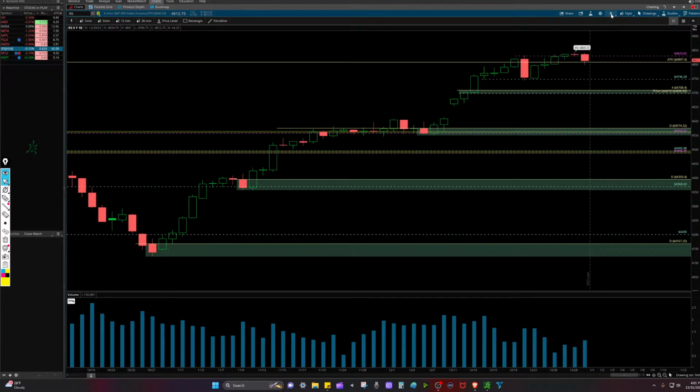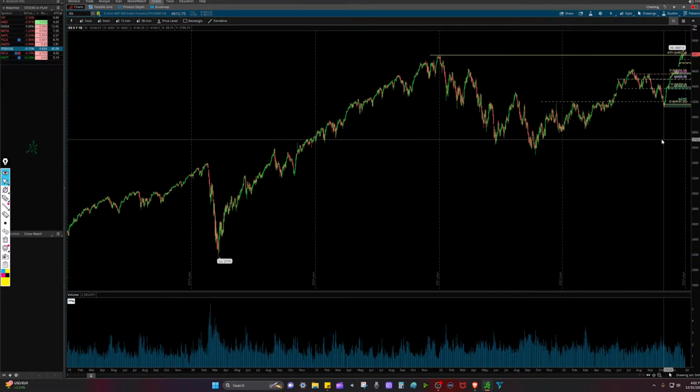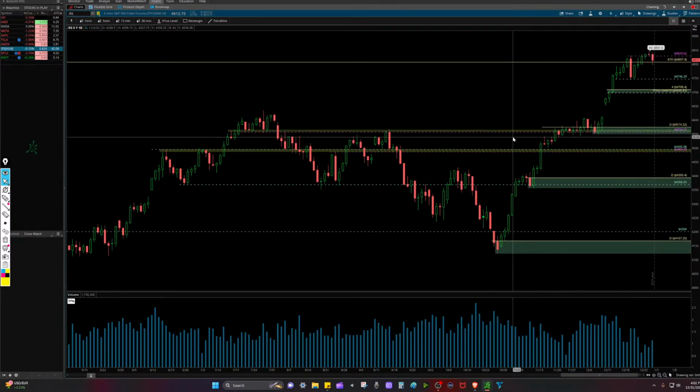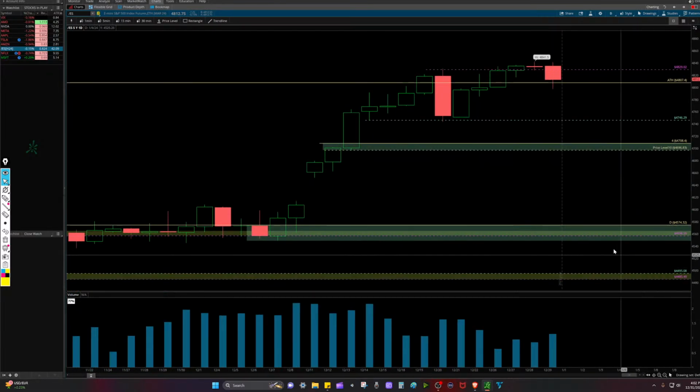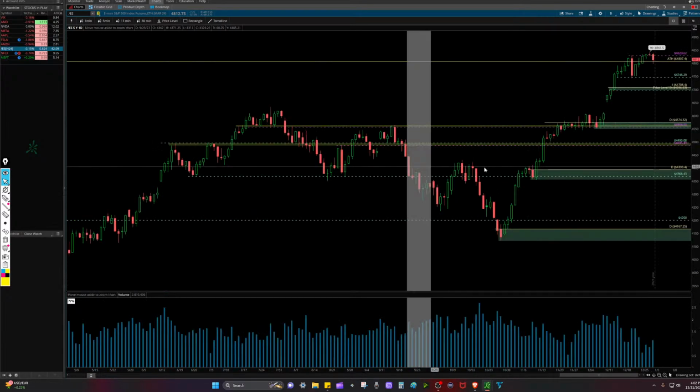Okay, let's start drawing. So on the daily time frame, I don't see much happening here. The purple line means it's a resistance, right? And the green line means it's a support, and the green shaded rectangle means it's a supply, and this yellowish shaded zone is a gray zone.